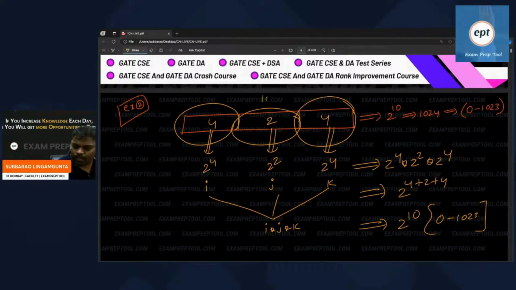So they said that we have 10 bits. We divided those 10 bits into 3 parts, because of some reason. First part contains 4 bits, second part contains 2 bits, next one contains 4 bits.